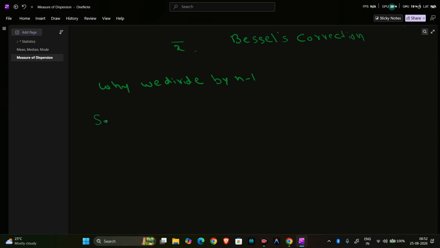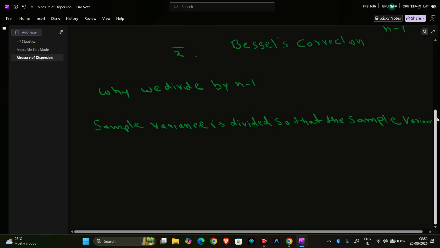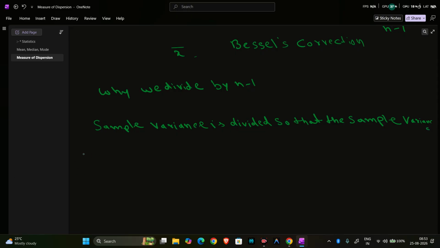The sample variance is divided so that the sample variance becomes an unbiased estimator of the population variance. This is called Bessel's correction.